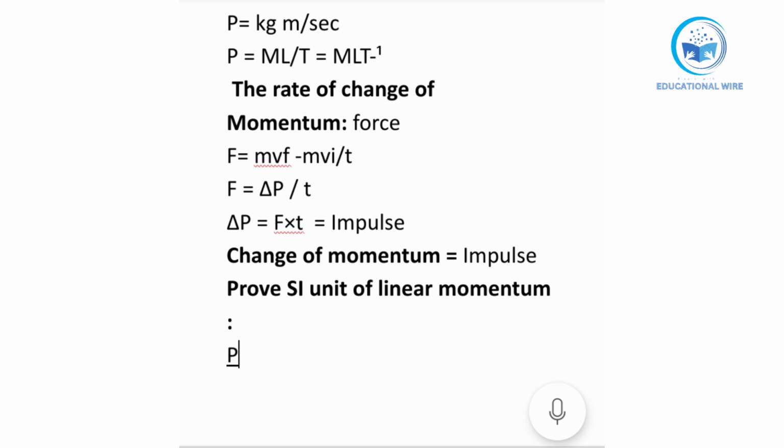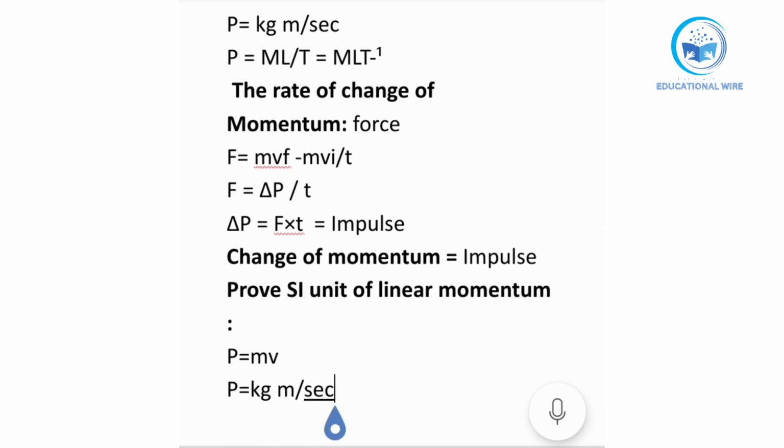So we will take here a formula, that is p is equal to mv. After that we know that the SI unit of mass is kilogram. p is equal to kilogram meter per second.